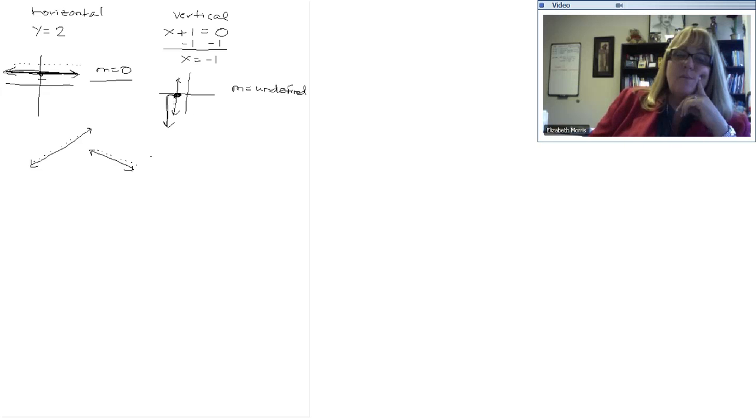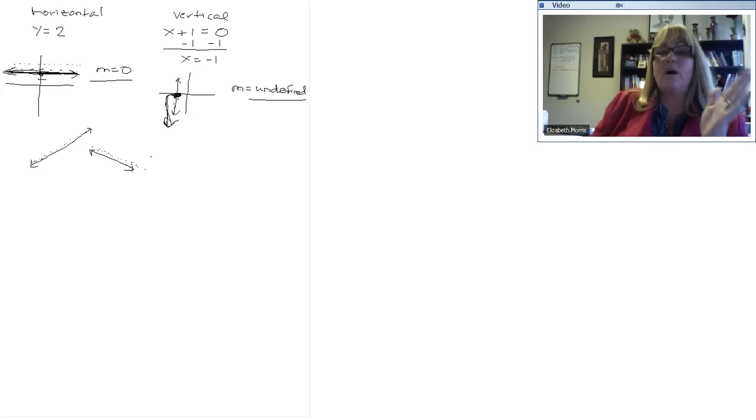So positively walking up is positive slope, negatively walking down is negative slope, getting nowhere is 0, and trying to walk and falling down, splat, is undefined. So for a horizontal line, the slope is always 0. For a vertical line, the slope is always undefined. Everything else either has a positive or a negative slope.